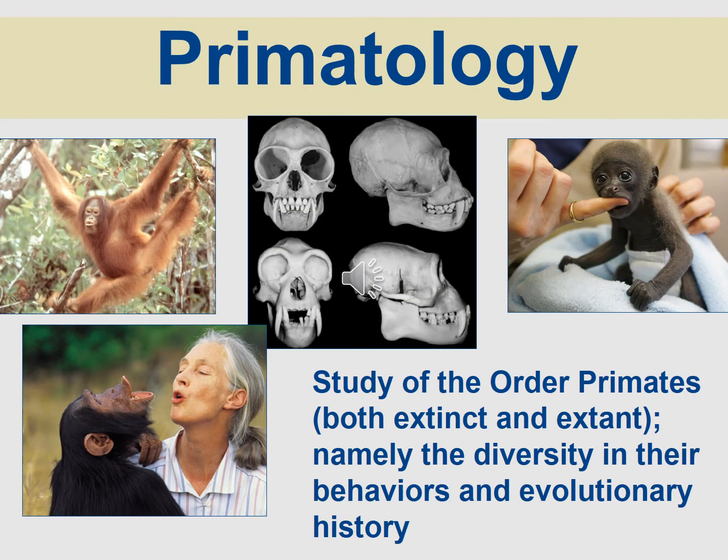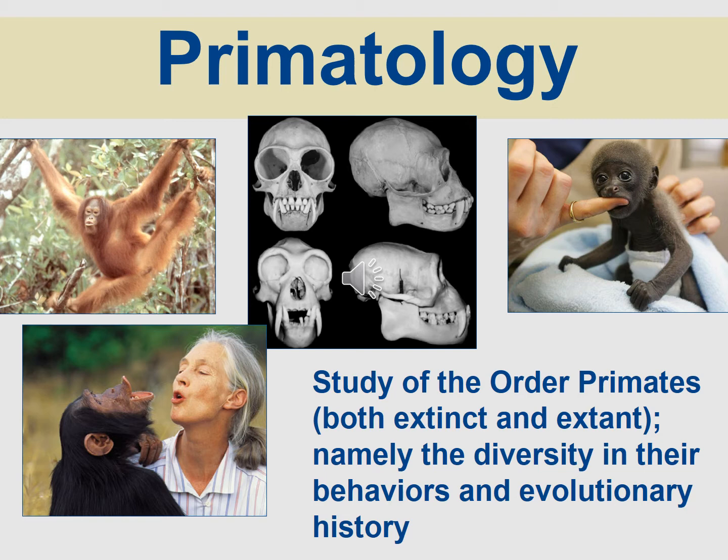What we're studying right now is primatology, and that is the study of the order primate, both extinct as well as extant. Extinct means no longer habitable on this planet, and extant is a fancy term for still living.